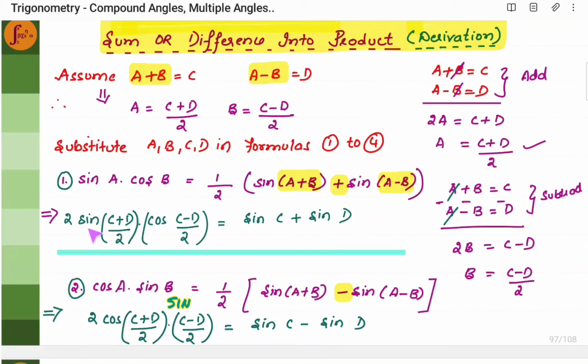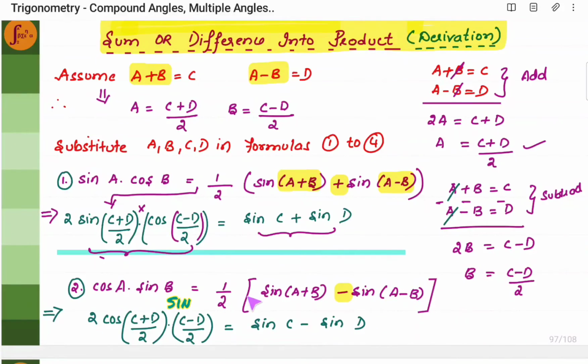So we'll write it as sin c plus d by 2 and cos c minus d by 2, because b is c minus d by 2. Now, how did we get 2? We shifted half to this side. So it became 2. So this is the formula. We can express the product of these two trigonometric functions in the form of addition. Now we'll take the second formula, right?